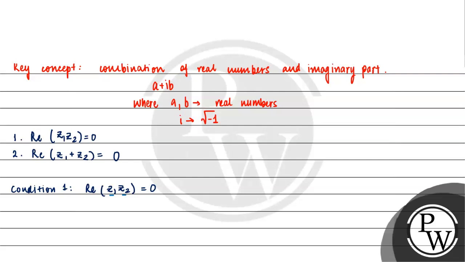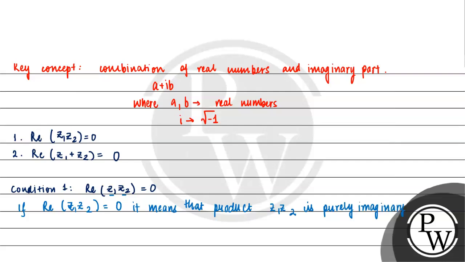So if real part of z1 multiplied by z2 is equal to 0, it means that product z1 z2 is purely imaginary, क्योंकि रियल पार्ट तो 0 हो गया, so we are left with imaginary part of the complex number.